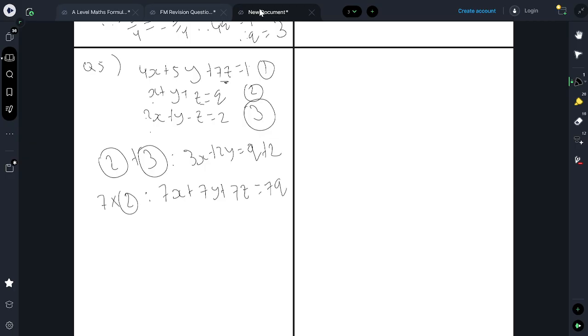I'll call that 4, and then I subtract 4 from equation 1. Well, then that's 7x minus 4x, which is 3x. 7y minus 5y is 2y. And 7z minus 7z is 0. And that's going to be equal to 7q minus 1.